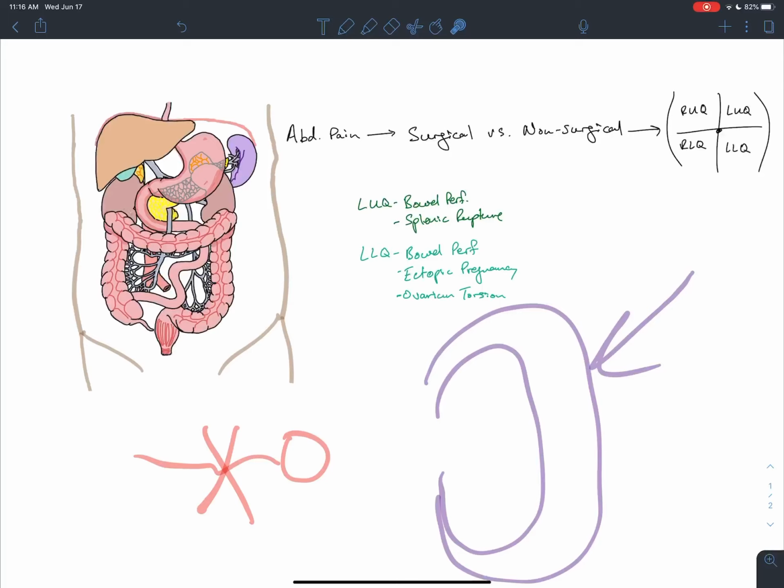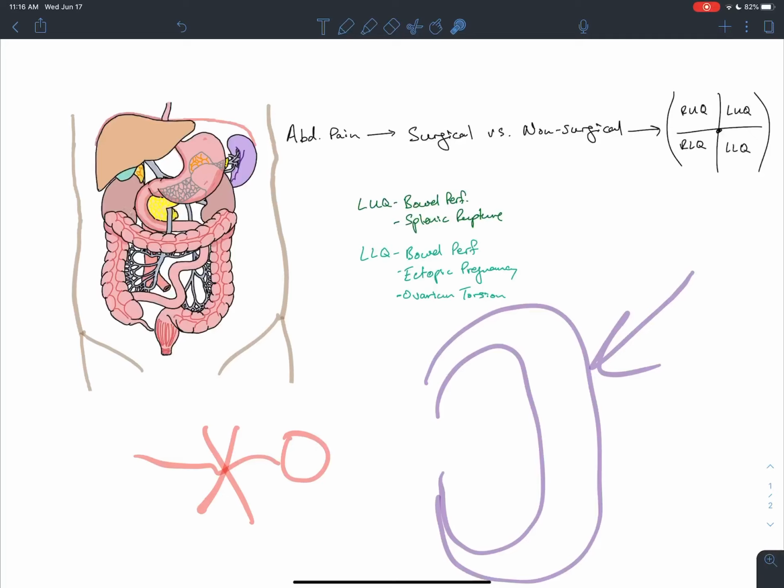You can have something like diverticulitis, which is more on this side, mimicking ovarian torsion. And so it is a very difficult thing to diagnose, but if anybody comes in with lower abdominal pain, and especially if they're of reproductive age, you're going to get an ultrasound of the pelvis to see if they have an ectopic pregnancy, but also you want to evaluate for a torsion.